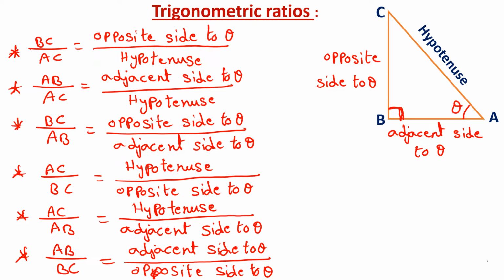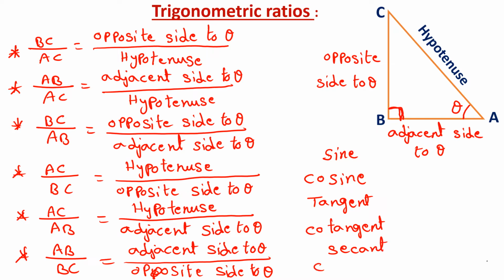These are called trigonometric ratios with respect to angle theta. These ratios have the following names and designations. The six trigonometric ratios are defined with respect to a certain angle theta: sine, cosine, tangent, cotangent, secant, cosecant.